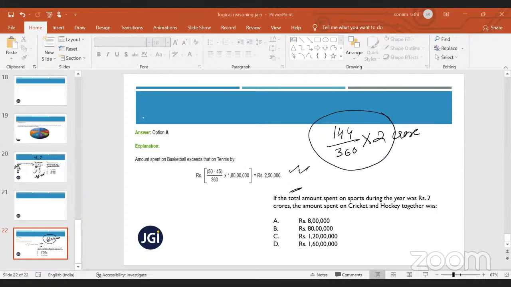Crore means how many million? 1 crore is equal to 10 million.